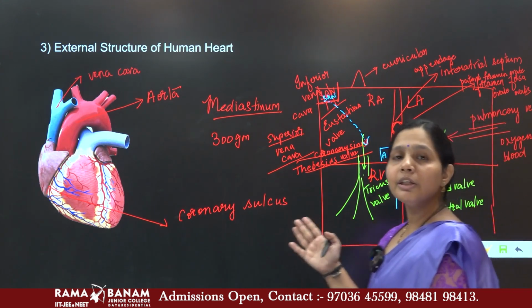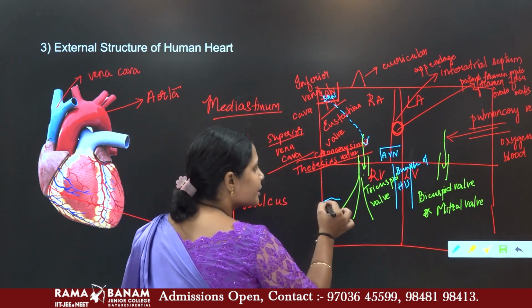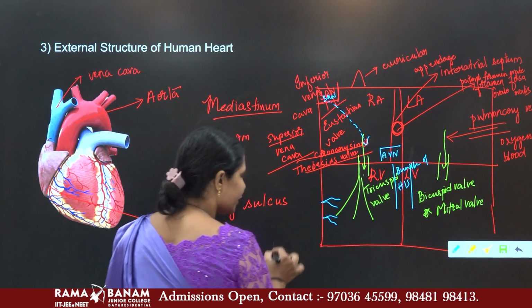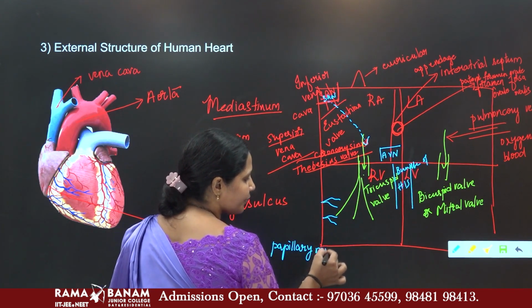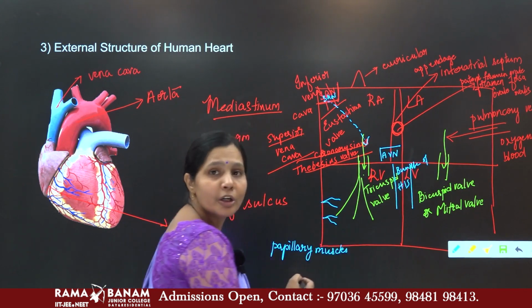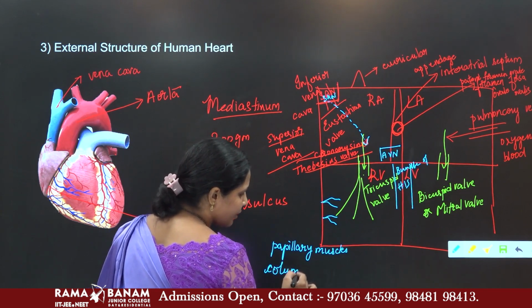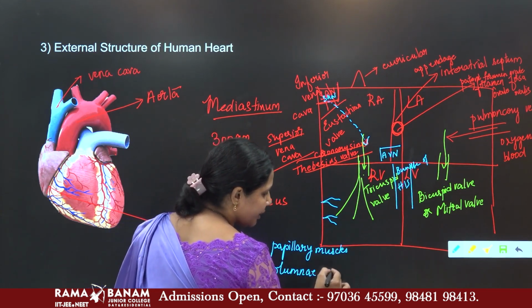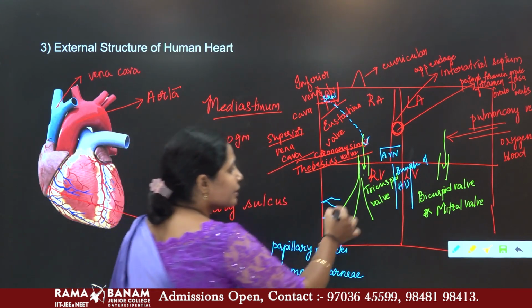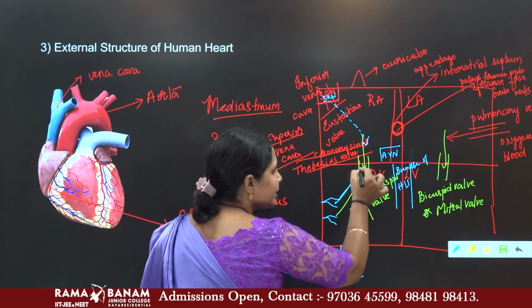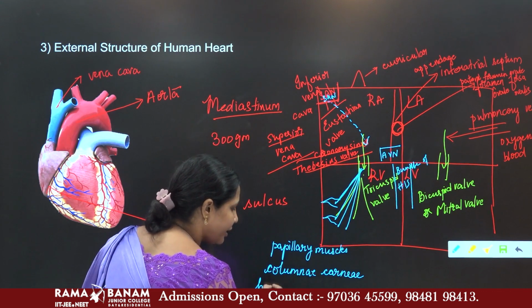And the internal structure of the ventricles has some muscles which are known as papillary muscles, having some column-like structures which are known as columnae carneae, right? And then these have what are known as heart strings, which are known as chordae tendineae.